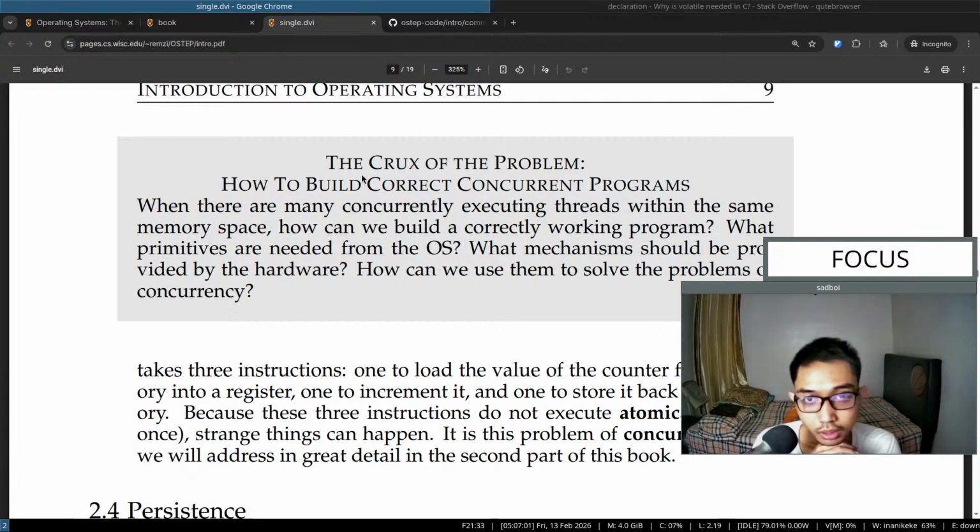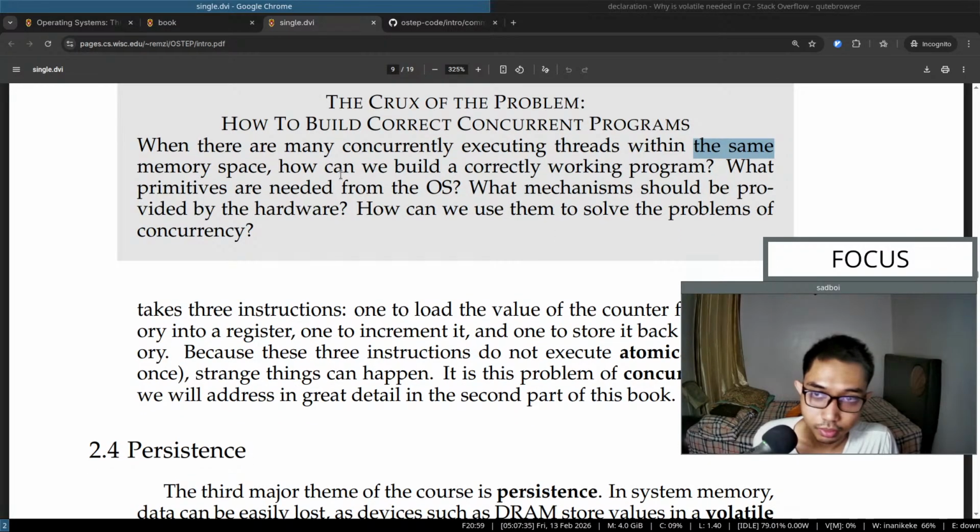When there are many concurrently executing threads within the same memory space, how can we build a correctly working program?